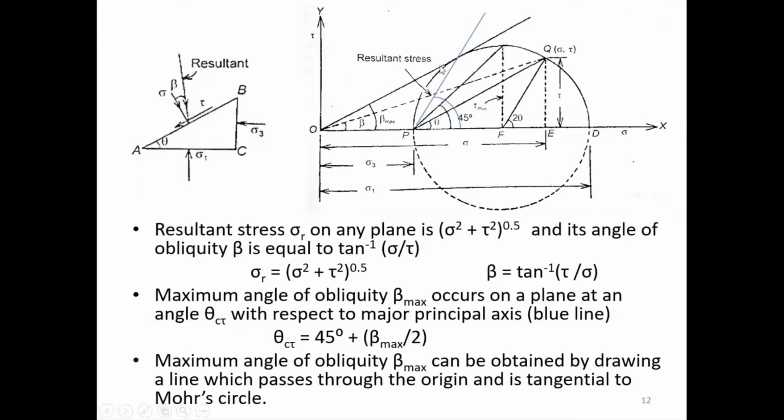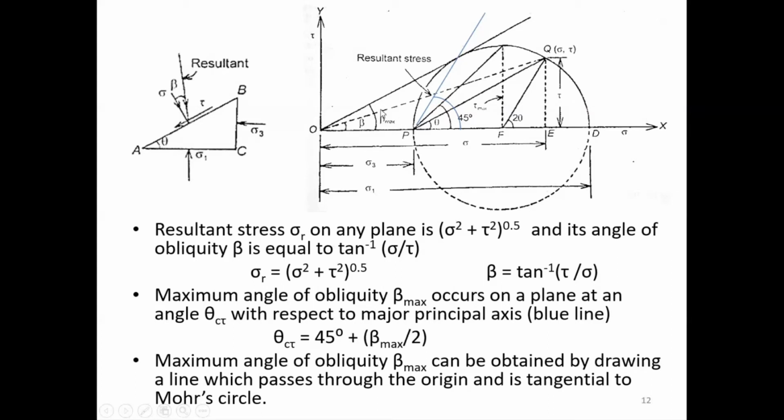From that point of intersection, if I join it back to P, I will have my theta c tau, which is nothing but 45 plus beta max by 2, this angle. So this is my beta max, the tangent that touches the Mohr circle from the origin.